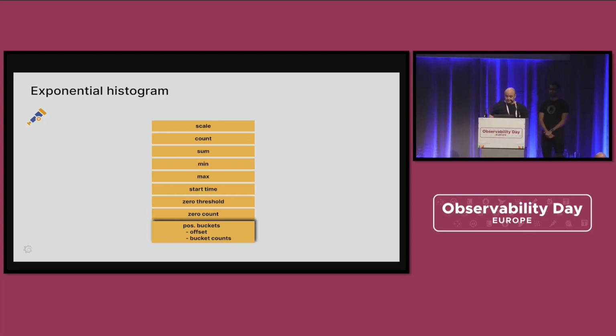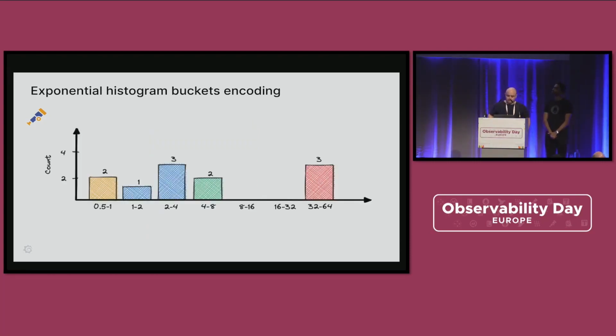So exponential histogram uses a dense representation of buckets. The bucket range is represented by a single offset value and value counts for those buckets. Let's take a look at an example and see how the buckets of this histogram are encoded. Here is an example of a histogram that has a scale of 0. It has the following bucket ranges, and as you can see, there are some value counts in those buckets.